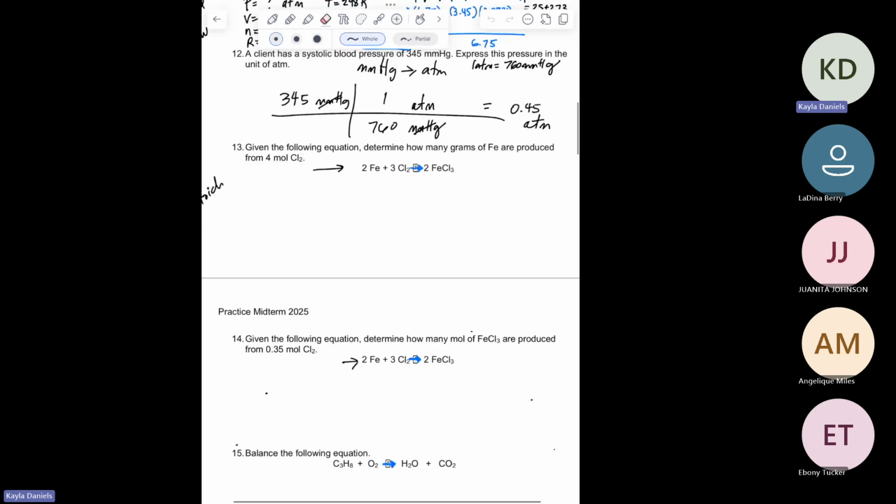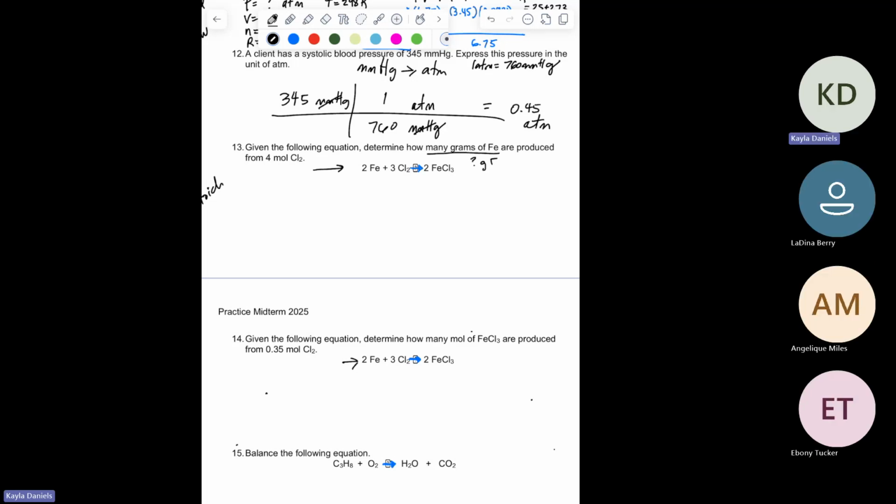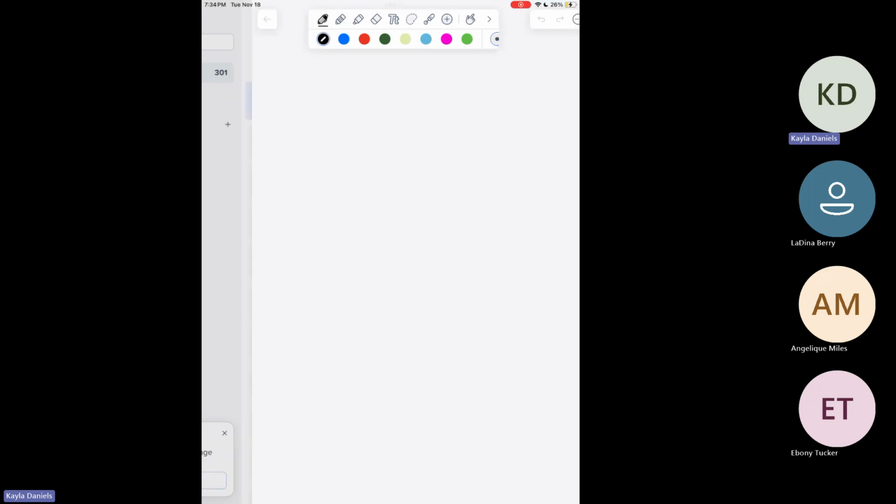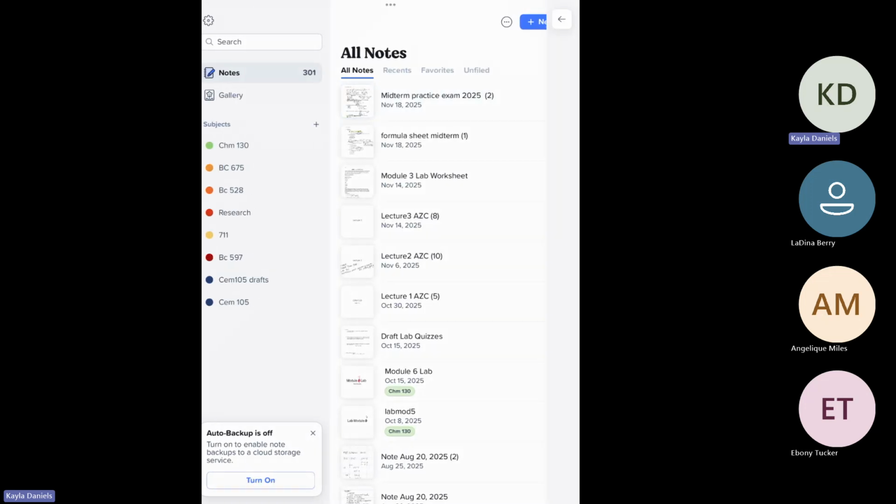All right, so 13, given the following equation, determine how many grams of Fe are produced from 4 moles of Cl2. So that's my start. 4 moles of Cl2, and I need to get to grams of Fe. All right, we're going to go back to that map to give ourselves a little refresher on what we're doing.